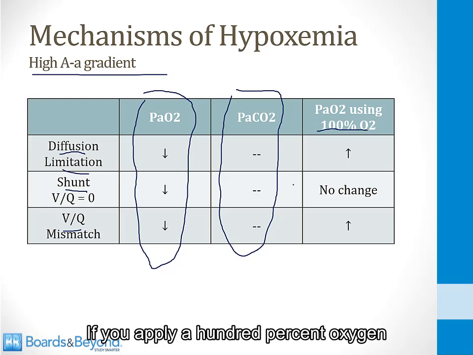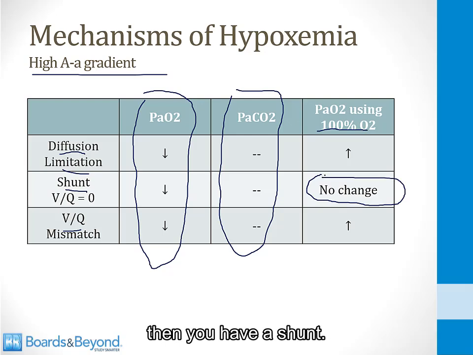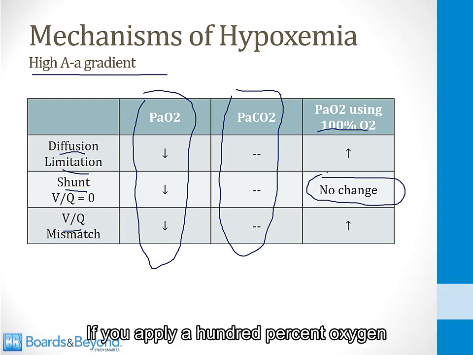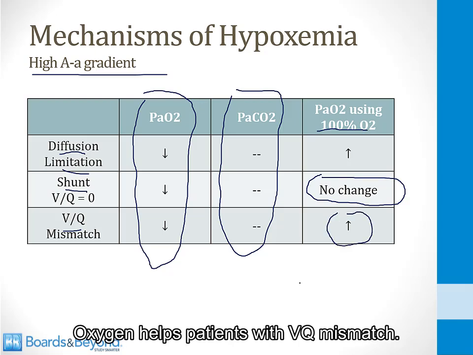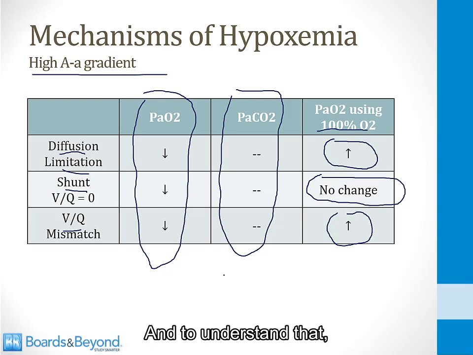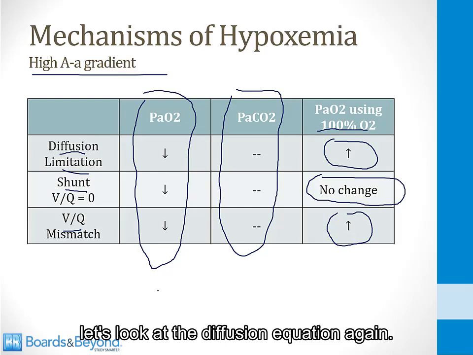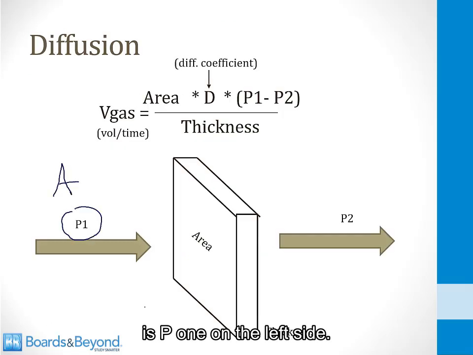If you apply 100% oxygen and it results in no change in the arterial oxygen content, then you have a shunt. If you apply 100% oxygen to a patient with VQ mismatch, the oxygen saturation will go up. Oxygen helps patients with VQ mismatch. And finally, oxygen also helps patients with diffusion limitation. And to understand that, let's look at the diffusion equation again. In this diagram, I told you the alveolar partial pressure of oxygen is P1 on the left side.